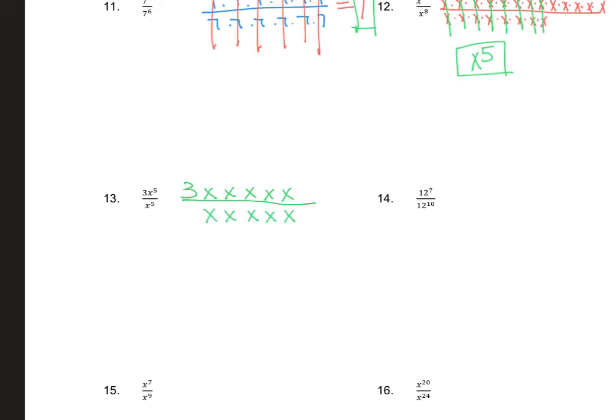The 3 I have to leave alone. The 5 x's I can knock out with each other, leaving me with a 3 on the top. Now, I could put a 3 over 1, which really, 3 divided by 1 just leaves me with 3. And I'm all done.